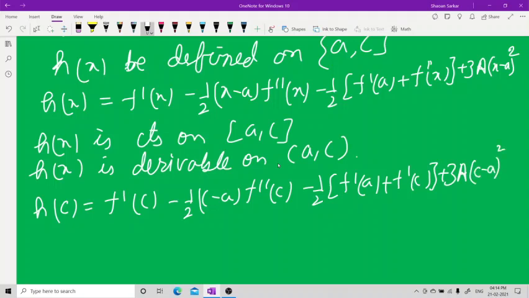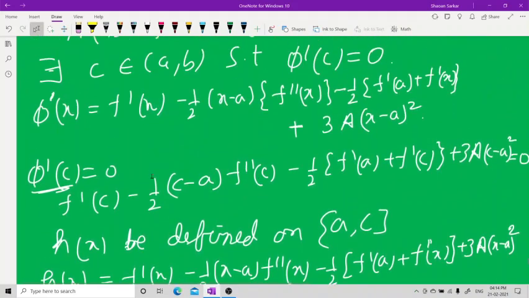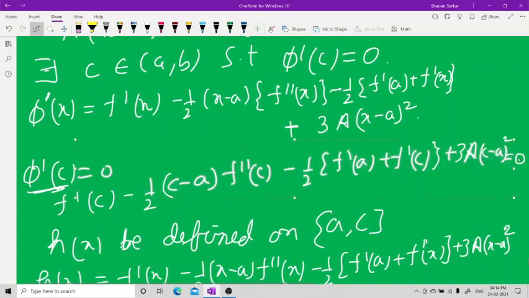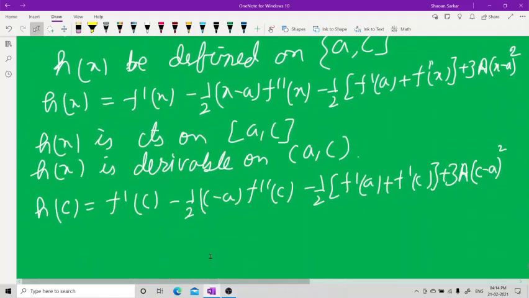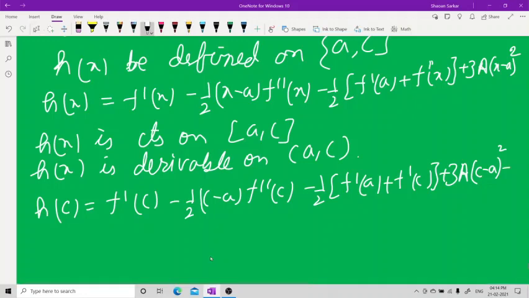Now what is this? It is equal to 0. Therefore this whole thing, hc, is 0.